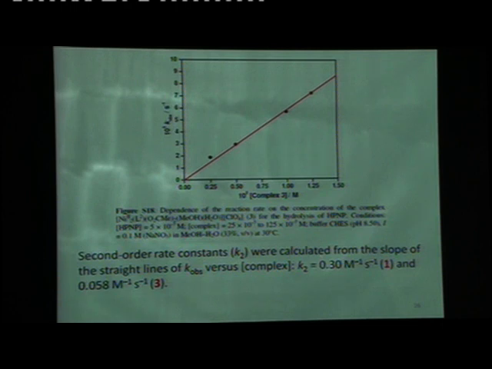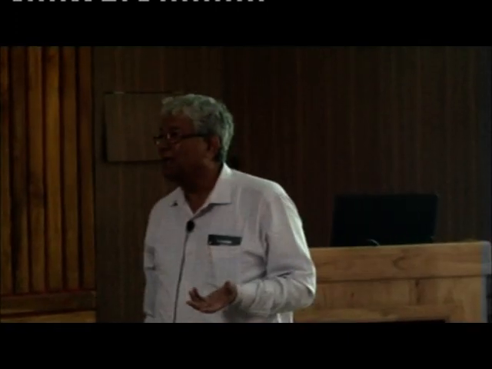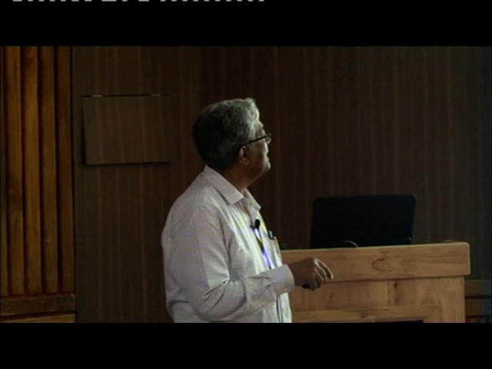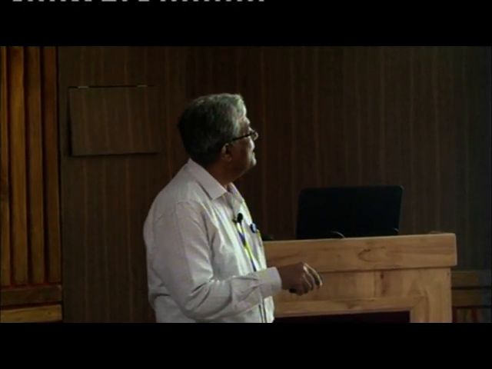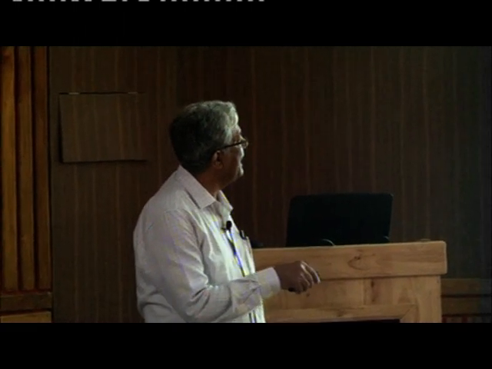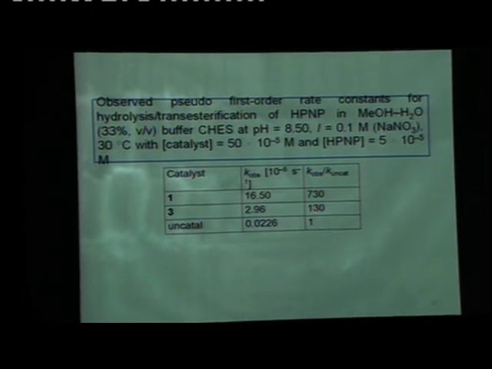But your condition was complex more and substrate less, because that gives the pseudo first order condition. You can use either the substrate mode or the catalyst mode. We took one of them. Then we determined all these values. So the uncatalyzed reaction is very small. First compound 730, second compound 130 over uncatalyzed.